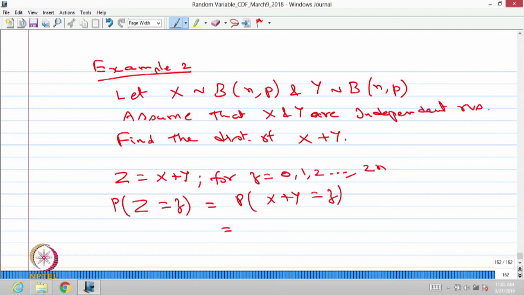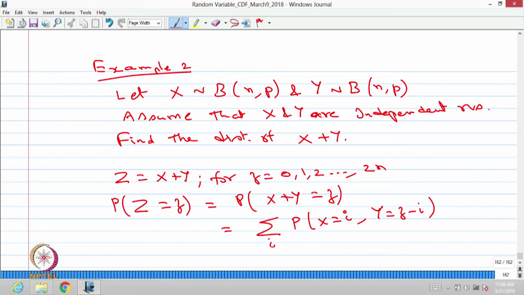That is the same as, if I introduce a dummy index i, the probability of x takes a value i and y takes a value z minus i, summed over all possible values of i, which gives the probability that x plus y is equal to z.